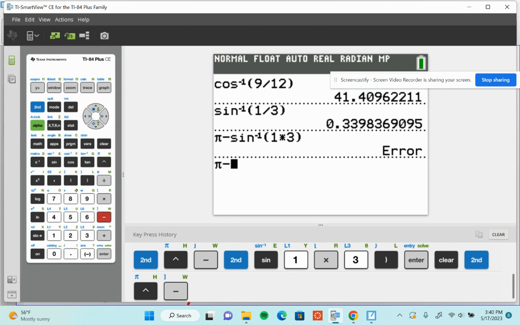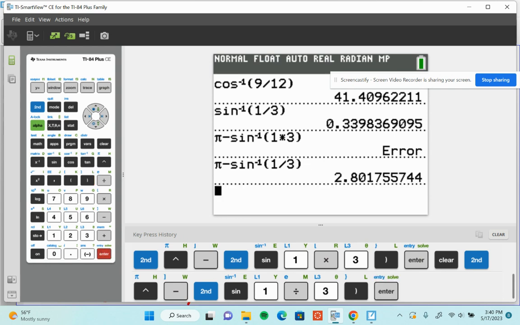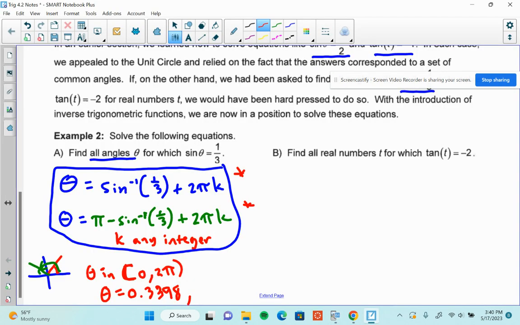Pi minus sine inverse of 1 divided by 3. Okay, and I get 2.8018. And you will need to do some like this in the homework.